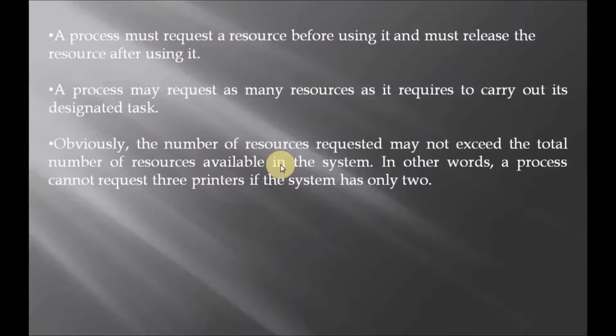If 4 printers are available, you have to request either 4 printers or 3 printers or 2 printers or 1 printer. So the number of requested resources should not exceed the total number of resources available. If 4 resources are available, you can't request 5 resources. That is one more important thing you have to take care of, right?